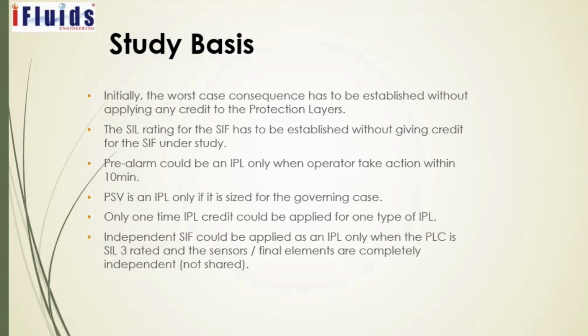So, the SIL rating for the SIF has to be established without giving credit for the SIF under study. So, we take a SIF, safety instrumented function, to do the assessment. If it fails, what's going to happen?